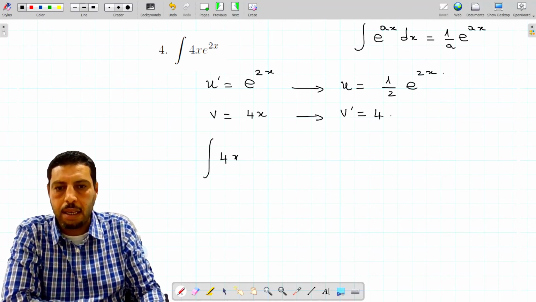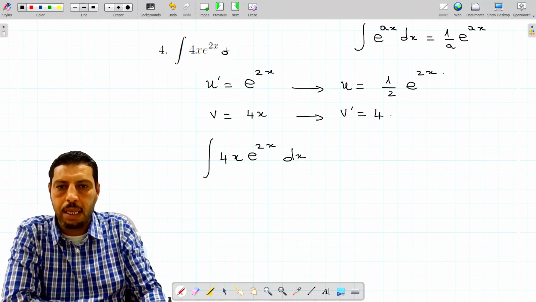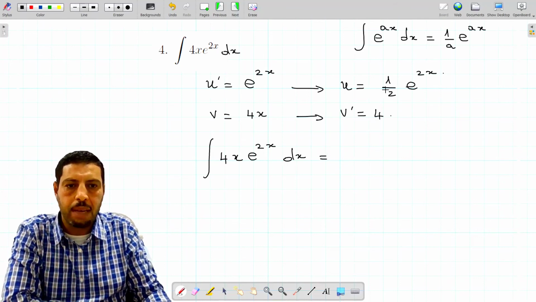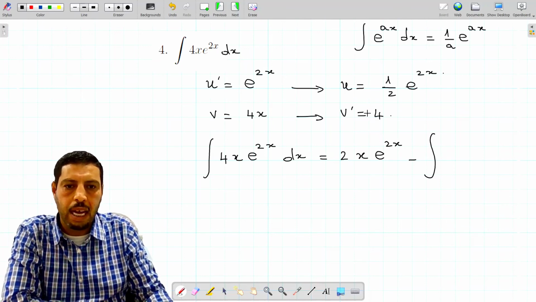So the integral of 4x exponential to x dx, there is missing the x here, okay, is equal u times v, which is 1 over 2 exponential to x, times 4x, which is 2x exponential to x, minus the integral of u times v prime.